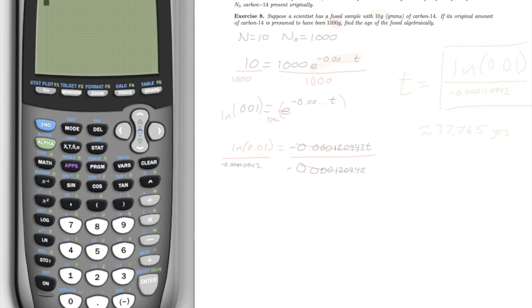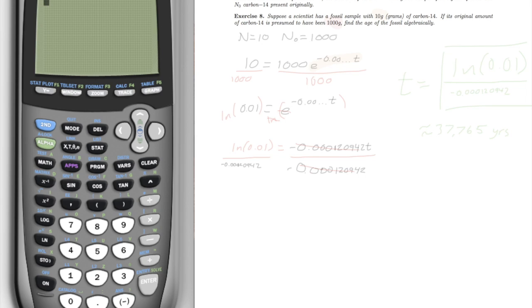So our setup, we have 10 equal to 1,000 times e to this long decimal, 0.0001209 42 times t. Then we should hopefully be able to solve that equation for t. There's only one unknown there, and that's t, so we're in good shape.